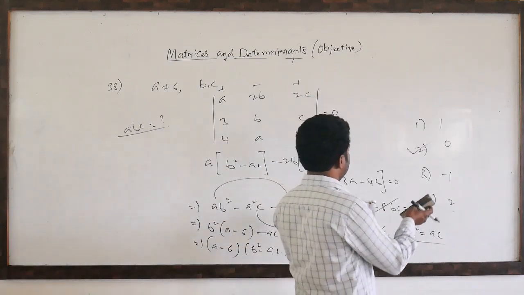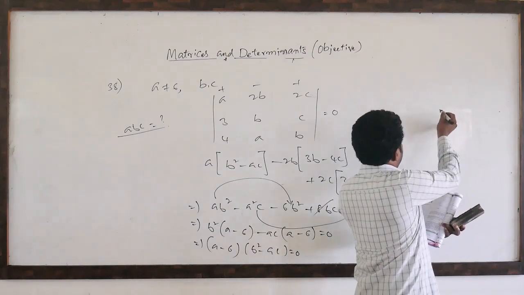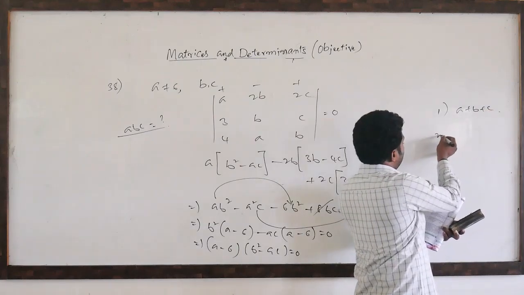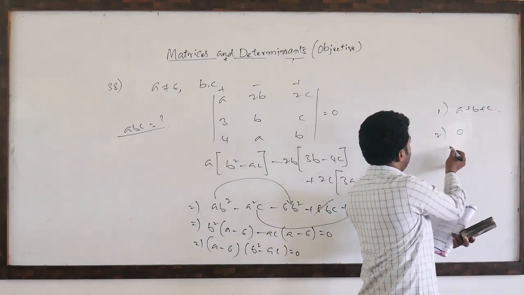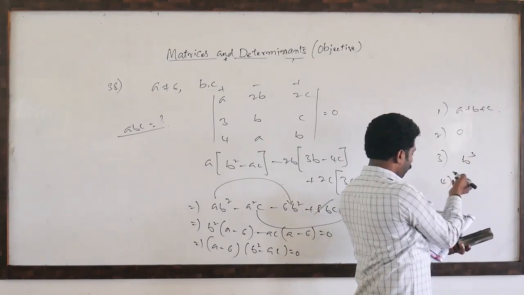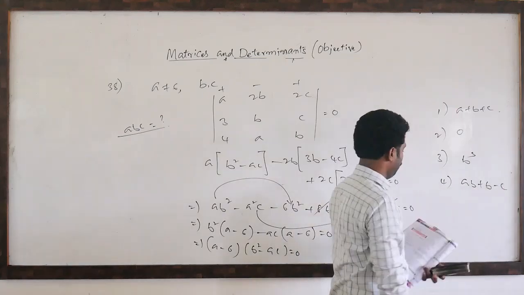What are the options? Let's see. The first option is a plus b plus c, the second option is 0, the third option is b cube, the fourth option is ab plus b minus c.